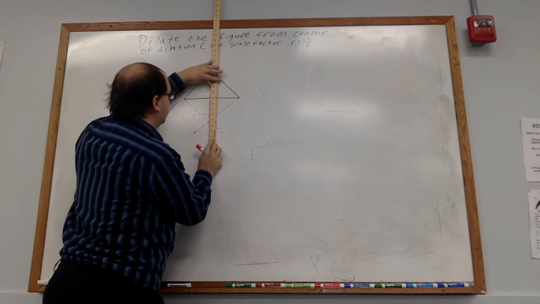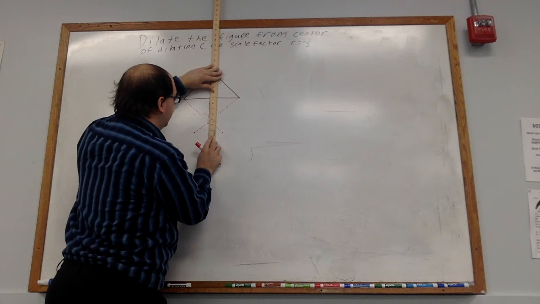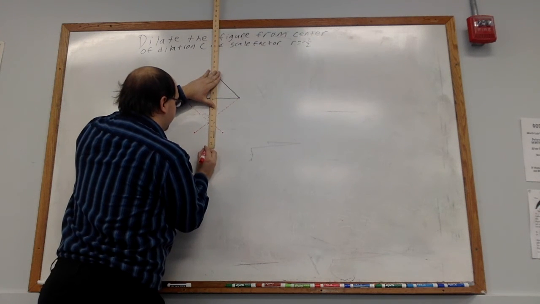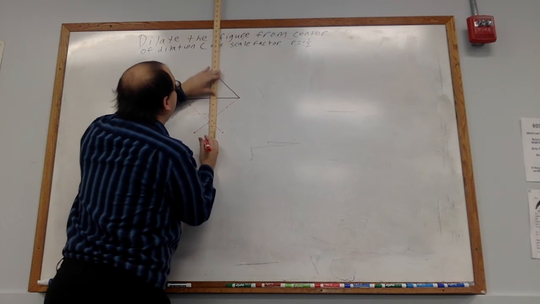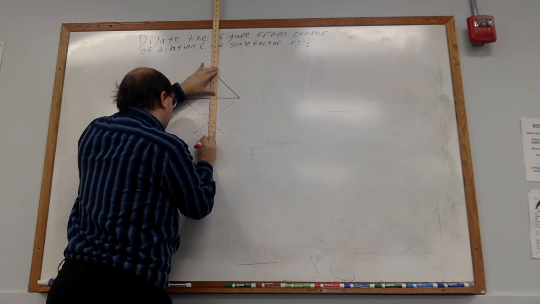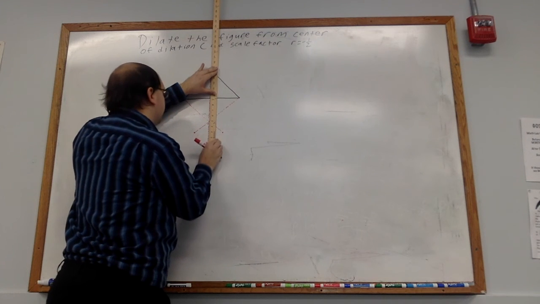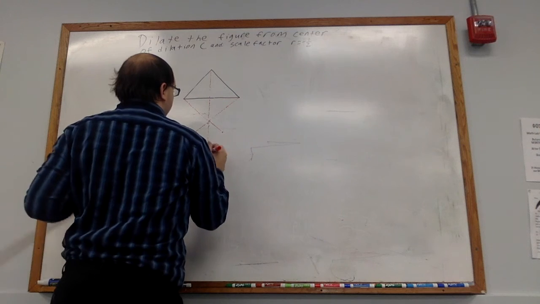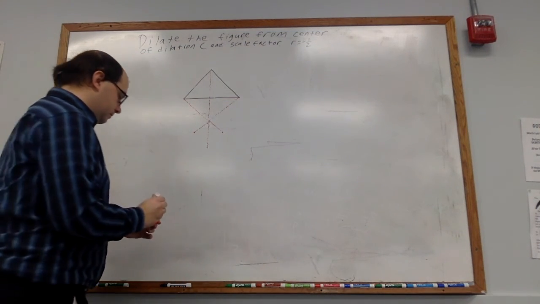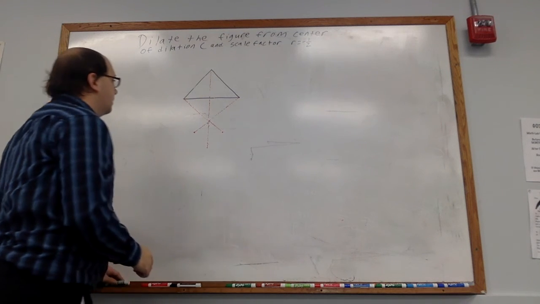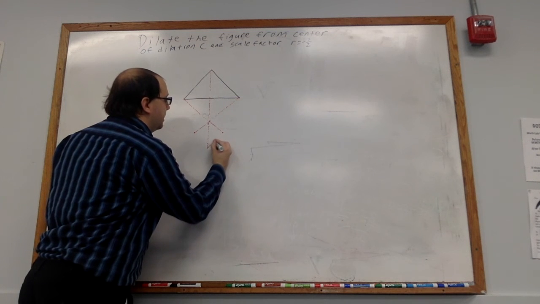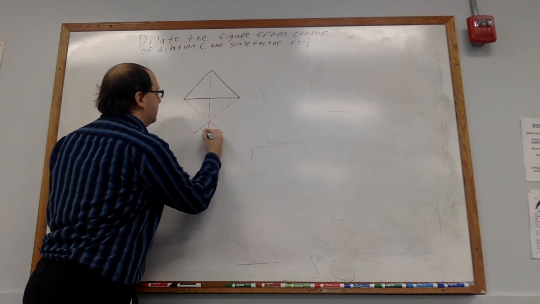Let's do it in this direction. So we'll put 4 7/8 on our dot. And so it'll be right there. So we have our 3 vertices. Now we connect them to make our triangle.